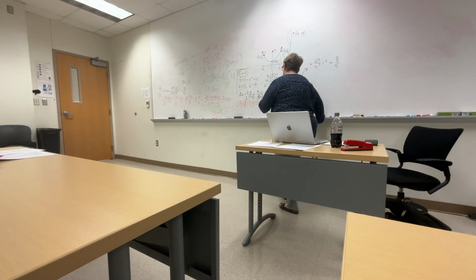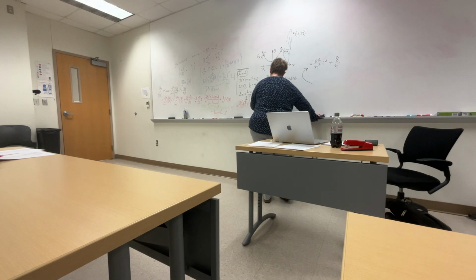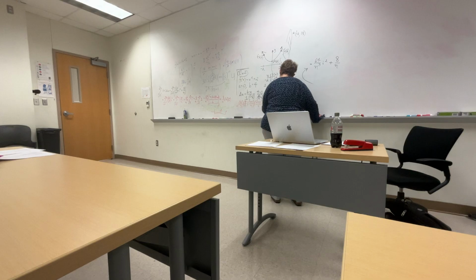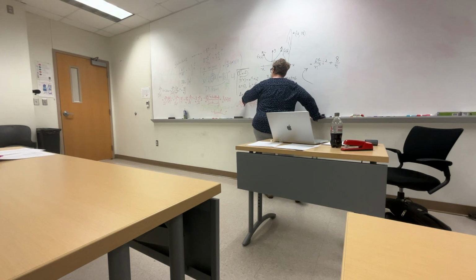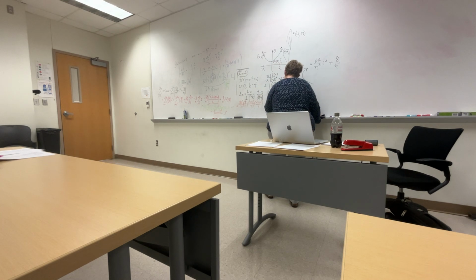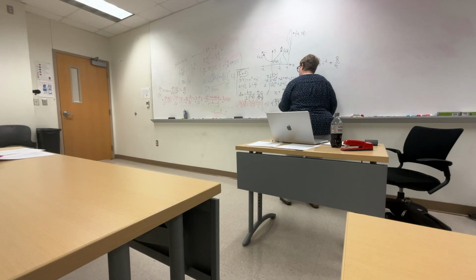So let's just rewrite. The first coefficient is 32 over 3. Do I need to write the 1? This one right here. No, you don't. Okay, groovy. So 1 plus 1 over n. And what am I going to write in that second? 2 plus 1 over n.